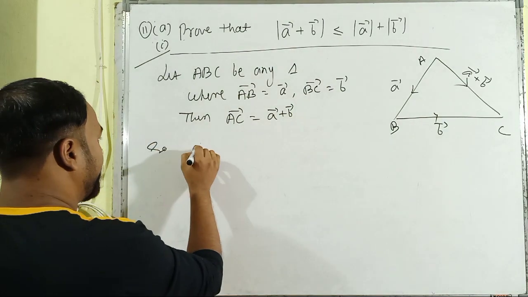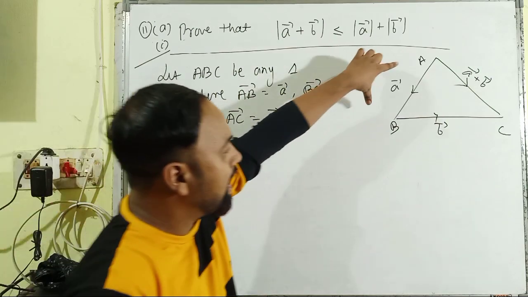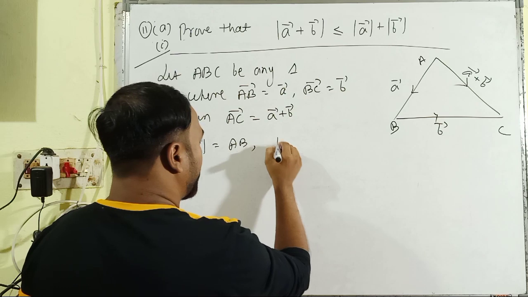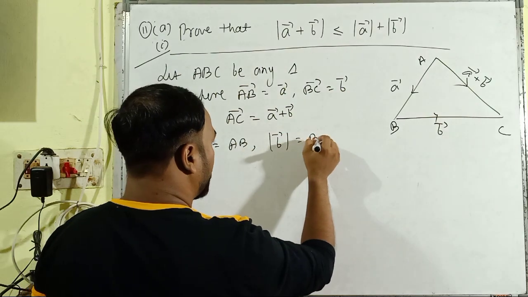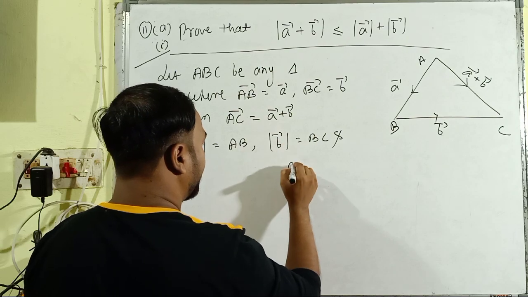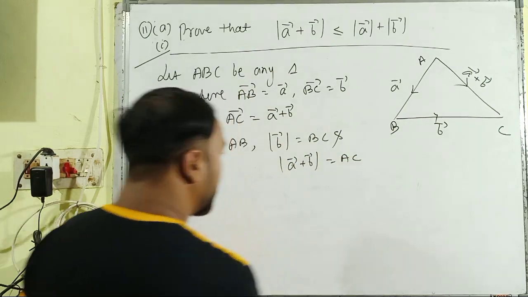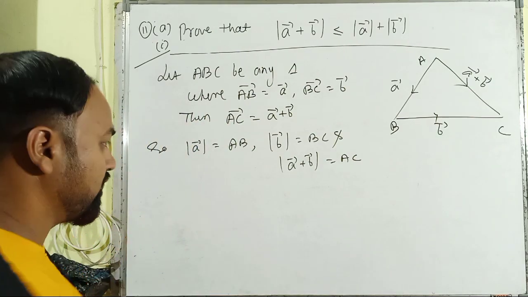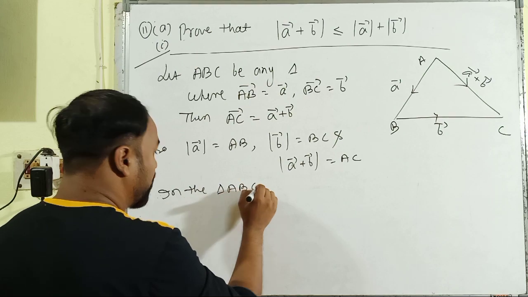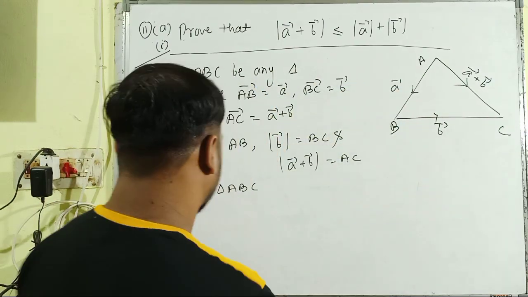So the magnitude of A vector is the length of AB. Similarly, the magnitude of B vector is the length of BC, and the magnitude of A vector plus B vector is AC. But in the triangle ABC, the sum of the two sides is always greater than the third side.